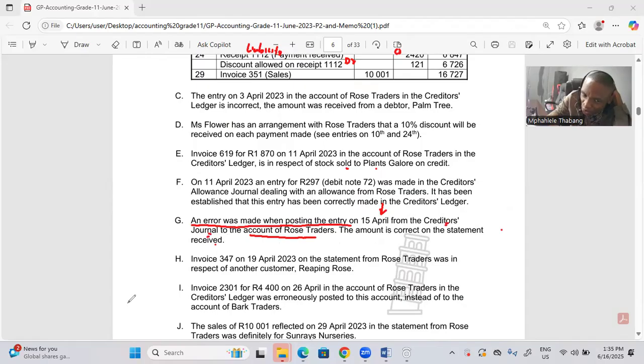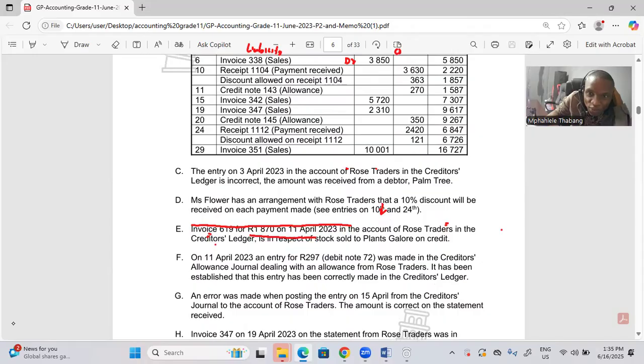An error was made when posting the entry on 15 April. So let me check the entries which are taking place on the 15th. On the statement, there is an invoice 342, which shows 5,720.